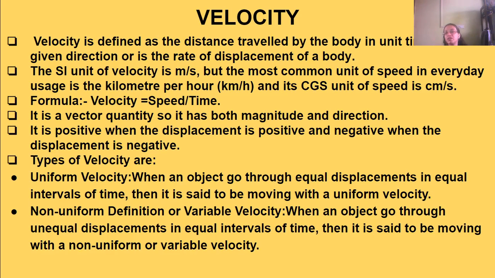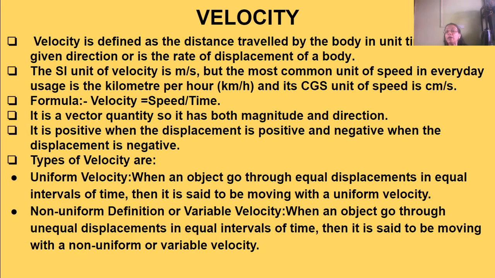The formula is, excuse me, not speed divided by time, it is displacement divided by time. Velocity is equal to displacement by time. Okay. So it is a vector quantity, so it has both magnitude and direction, and it is positive when displacement is positive and negative when displacement is negative.